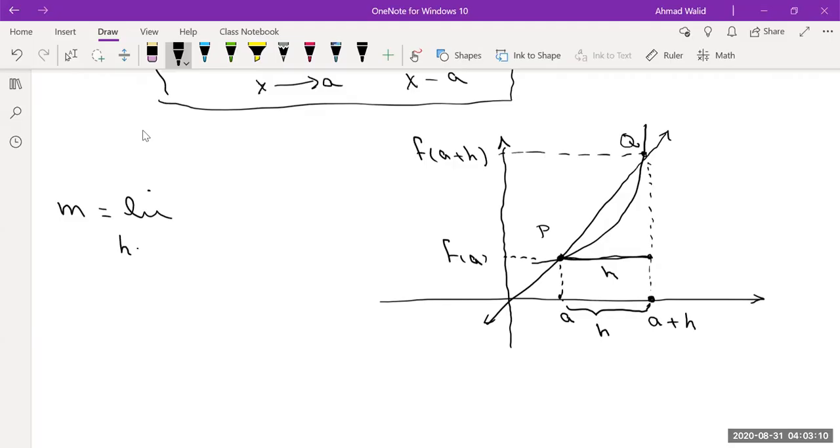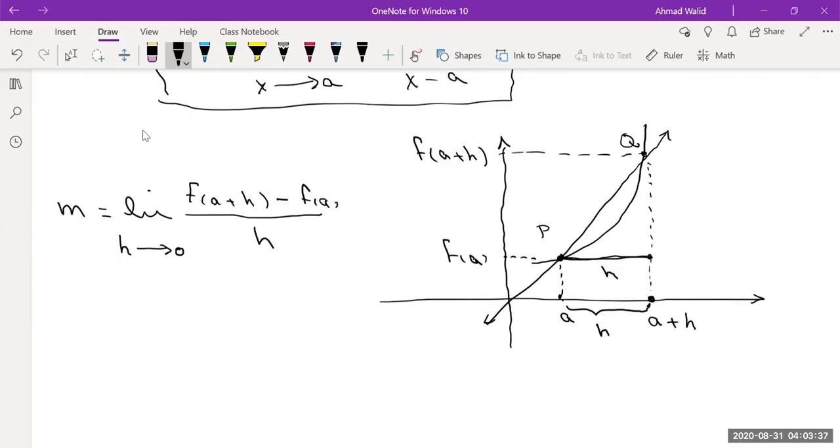So H is approaching to where? To 0. Now, what we have on top, y2 minus y1, means f of A plus H minus f of A over, instead of x minus A, here you can write H.